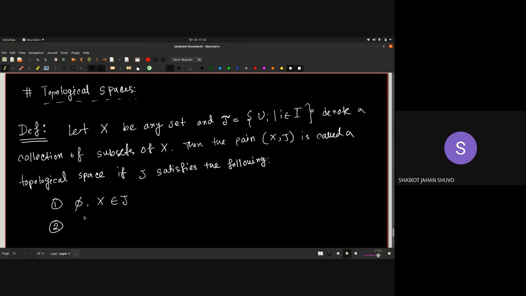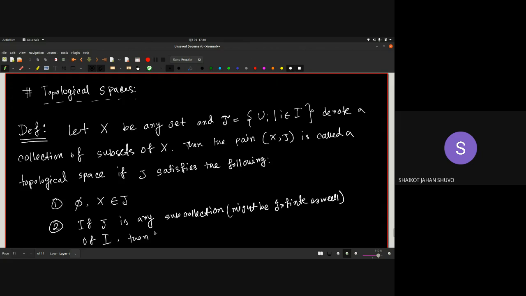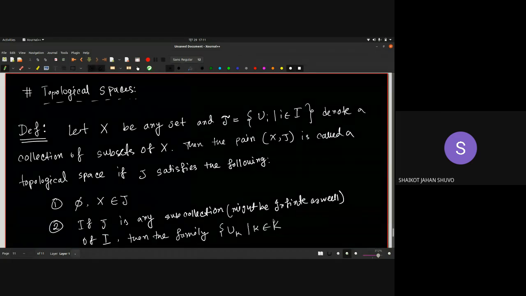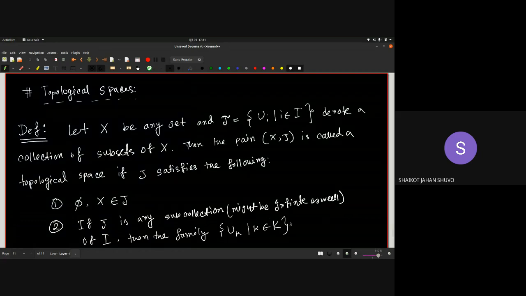The second condition is that if we take any subcollection, and this subcollection might be infinite as well, a subcollection of I, then the family U_k, where k is some index and capital K is just your index set, satisfies the following requirement.